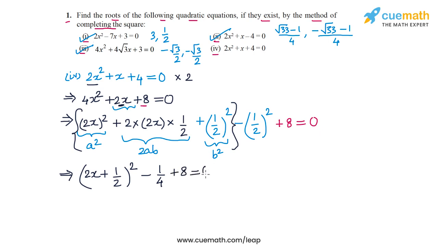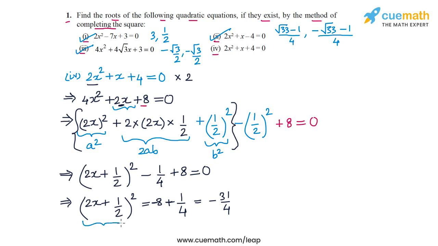is equal to 0. From here we can write 2x plus half whole square is equal to 8 minus 1 by 4. So 8, or actually minus 8 plus 1 by 4, and this is equal to minus 31 by 4. So 2x plus half whole square is equal to minus 31 by 4.